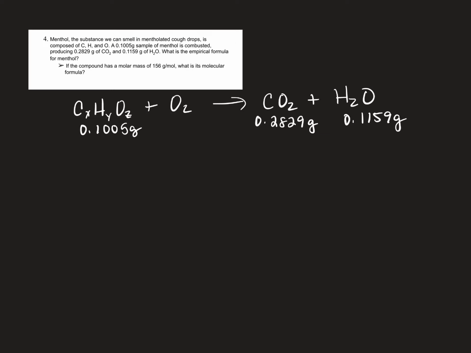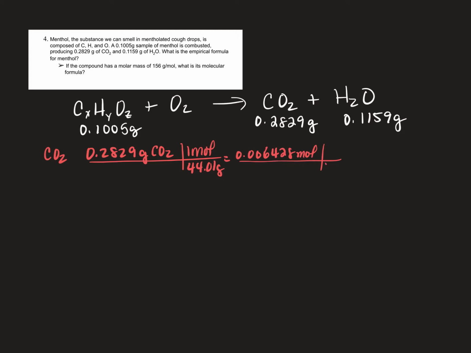Okay, so we're going to do the same exact thing. We're going to take our CO2, and we have 0.2829 grams of CO2. And in every 1 mole of CO2, there's 44.01 grams. So 0.2829 divided by 44.01 gives me 0.006428 moles.